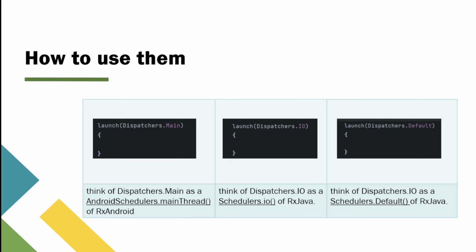For example, if you're launching GlobalScope or viewModelScope.launch, and you don't explicitly pass any kind of dispatcher, then what is the default dispatcher that the coroutine will use to understand on which thread it has to execute the operation? So the answer to that question is, it will be Dispatchers.Main. Main is the default dispatcher that is used to execute any kind of operation whenever a coroutine is launched.